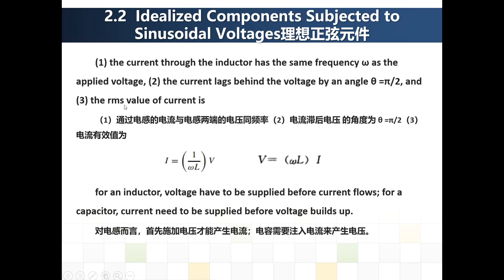And the RMS value of current is equal to the voltage divided by omega L. Therefore, for an inductor, voltage has to be supplied before the current flows. And for a capacitor, the current needs to be supplied before the voltage starts to build up.